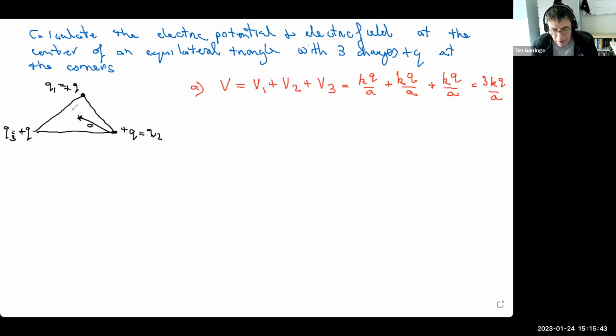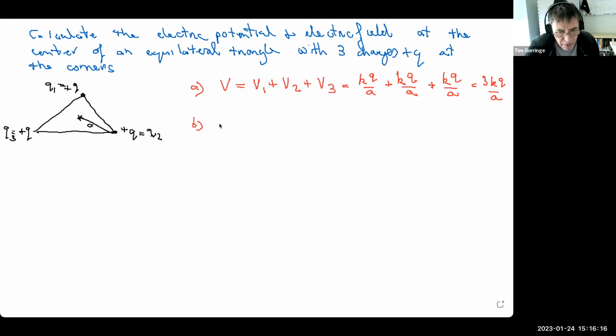And so our calculation is under the assumption that the potential is zero very far away. And so 3KQ over A is the potential where there's 0 volt potential a large distance from the triangle.